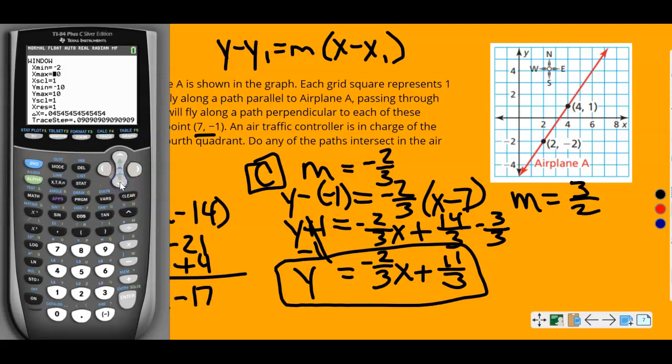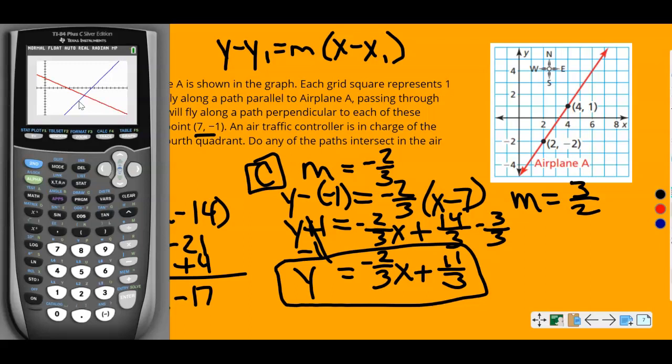Now our x maximum, that is where our lines are, so let's extend that out to, say, 20. And our y minimum and maximum, we can leave those for now. That zooms in the window and makes it a little bit nicer.